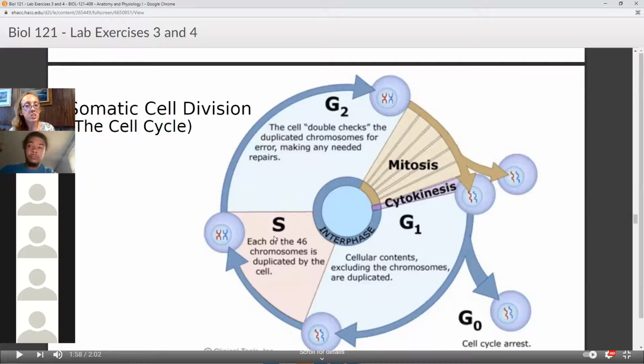In the S phase, which I like to think of as the synthesis phase, meaning to synthesize something, all of the chromosomes are duplicated. So we synthesize a second set of chromosomes from the one set. That's the way I remember the S phase, we're synthesizing a second set of chromosomes from the first set.